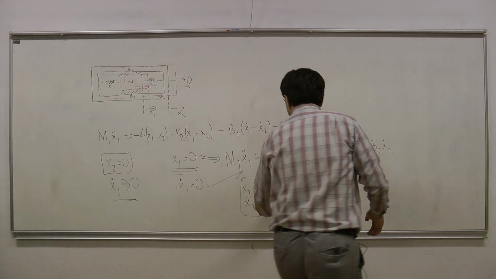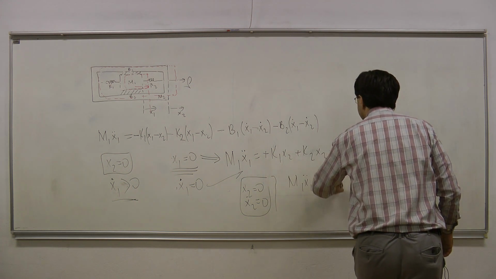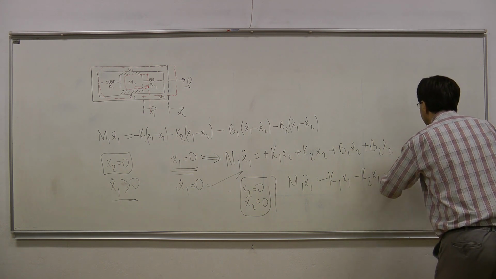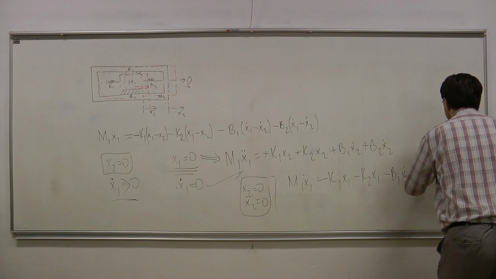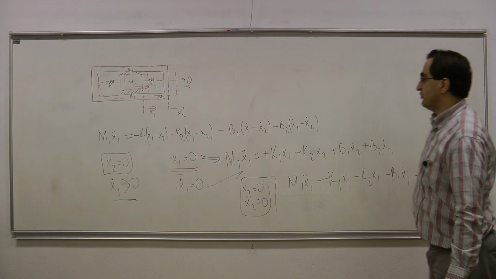And in these cases, you would have the equation m1 x1 double dot is minus k1 x1, minus k2 x1, minus b1 x1 dot, minus b2 x1 dot. Okay? So these are the cases when one of the masses is stationary.